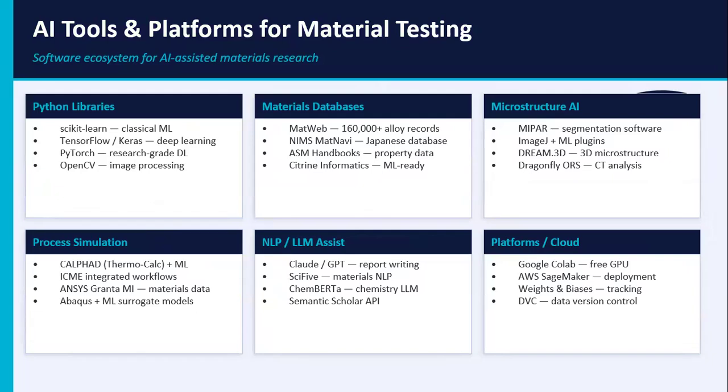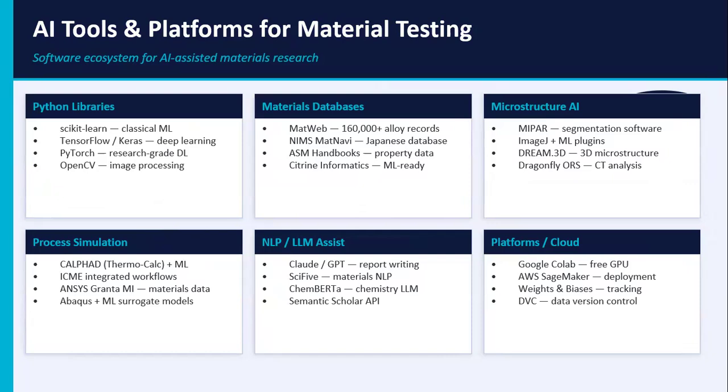Now we shall see AI tools and platforms. Several powerful tools support AI-assisted material testing. Python libraries such as scikit-learn, TensorFlow, PyTorch, and OpenCV are widely used. Material databases like MatWeb and ASM handbooks provide valuable datasets.